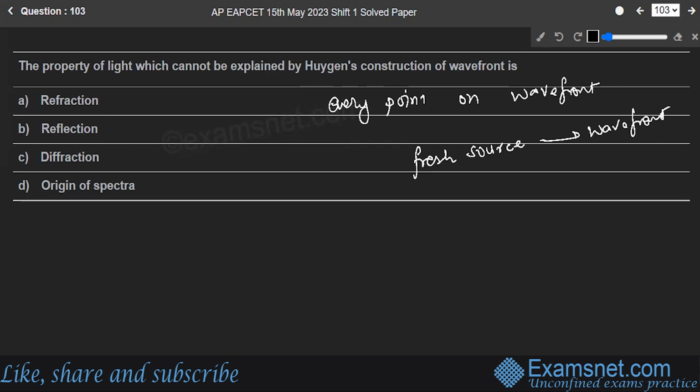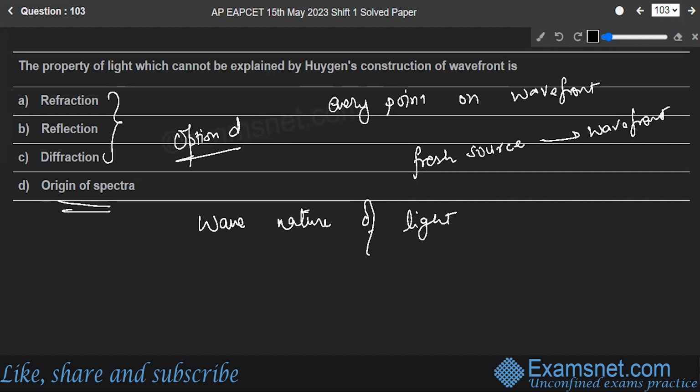Huygens' wavefront is based on the wave nature of light. In reflection, refraction, and diffraction, we can see superimposition and interference, which can be explained by Huygens' wavefront. Origin of spectra is not explained by it because it has different values of emissions. Hence, you have option D as the correct answer.